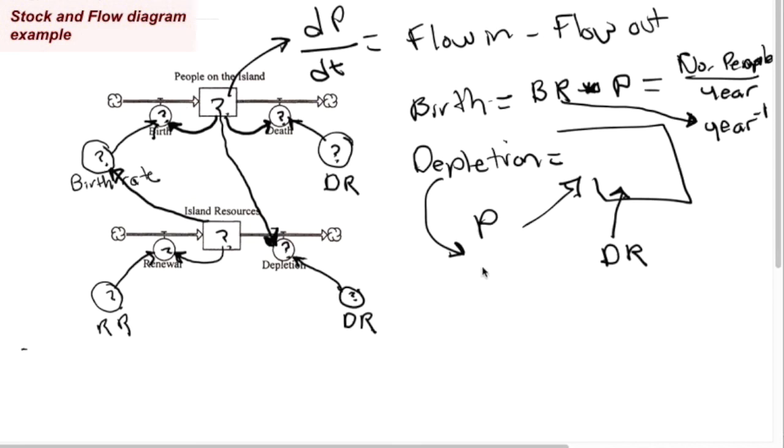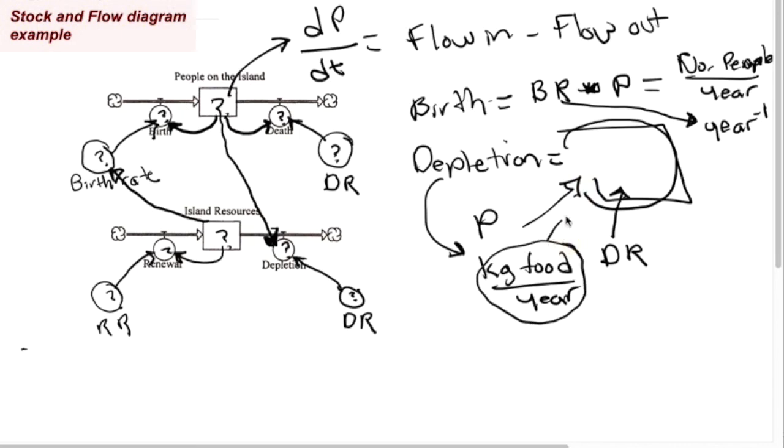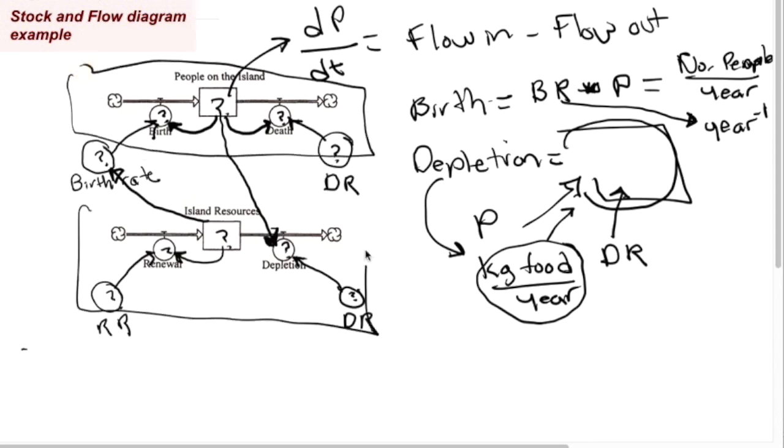But island resources can be, for instance, let's say kilograms of food per year. That means that somehow we must have units here that at the end give us the final units of kilograms of food per year. All right. So everything around each stock must have units that are consistent. Okay.